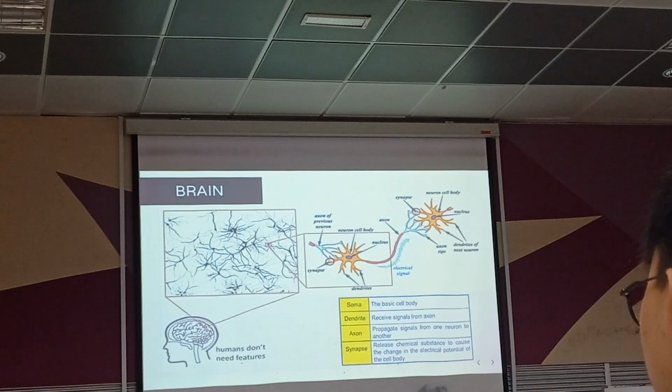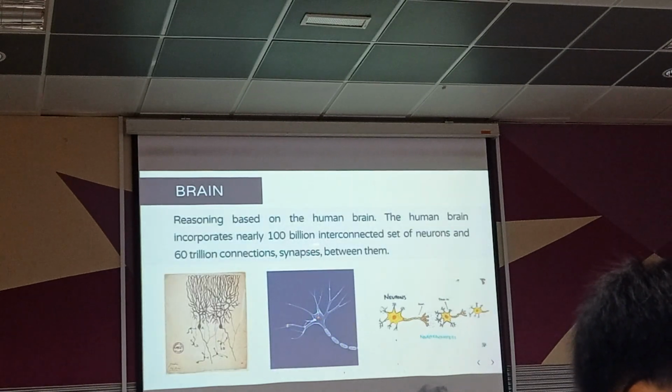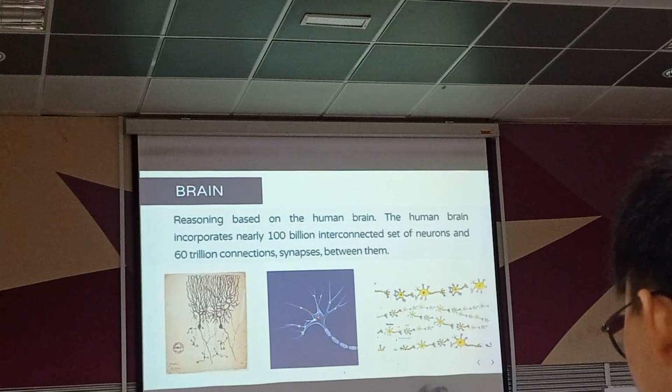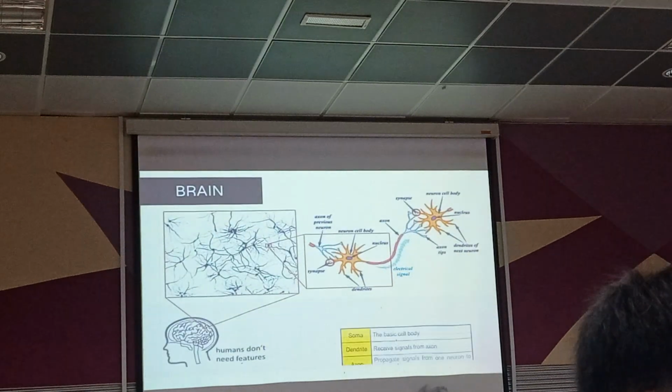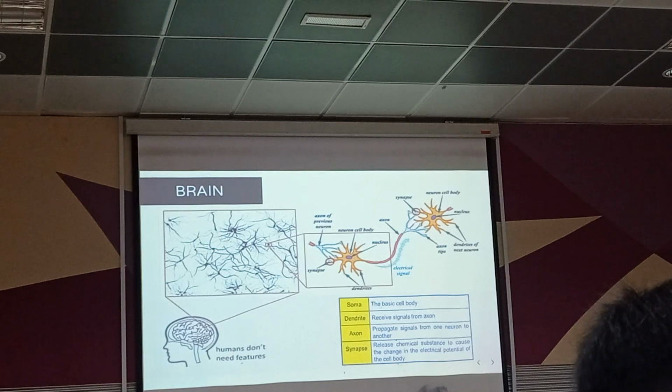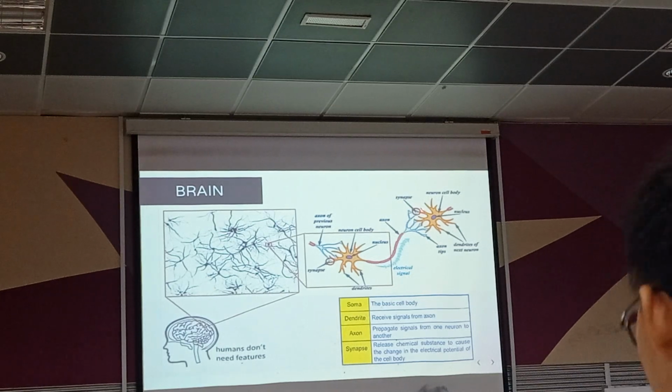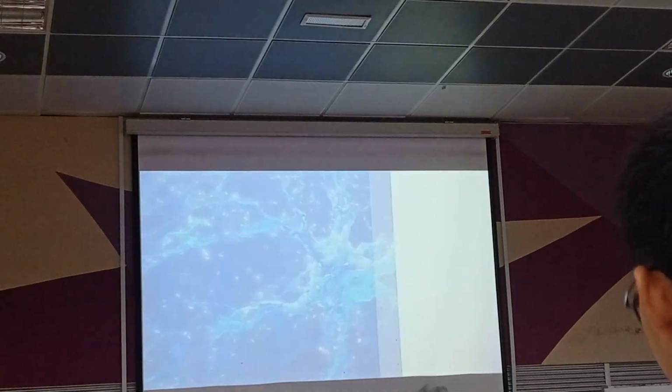So you will see that in actuality there are billions of interconnected neurons. Now let's zoom in a little on the transmission part. When we pass information from one neuron to another, what happens?